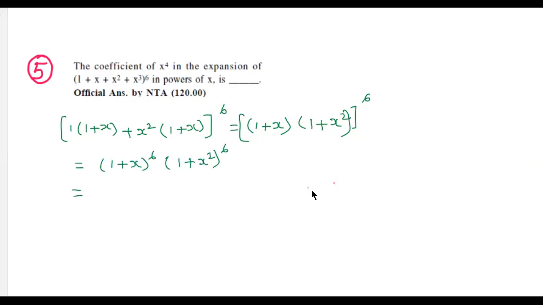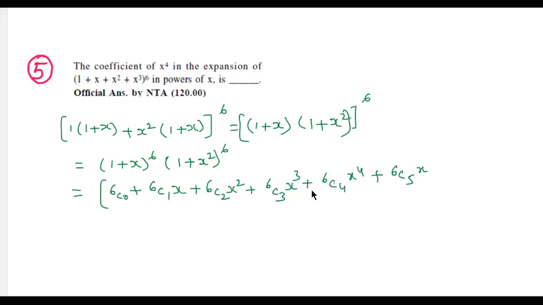Now expand this by using binomial. 6C0 plus 6C1 into x plus 6C2 into x square plus 6C3 into x cube plus 6C4 into x power 4 plus 6C5 into x power 5 plus 6C6 into x power 6. This is the 1 plus x whole power 6 expansion. Similarly, 1 plus x square whole power 6 expansion.